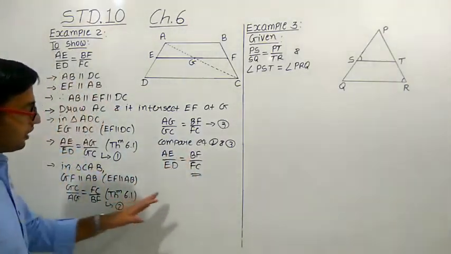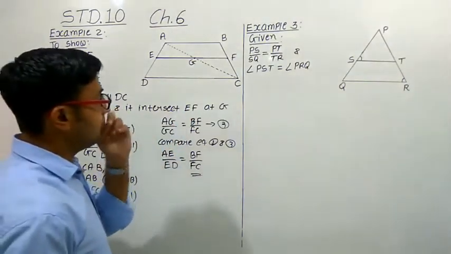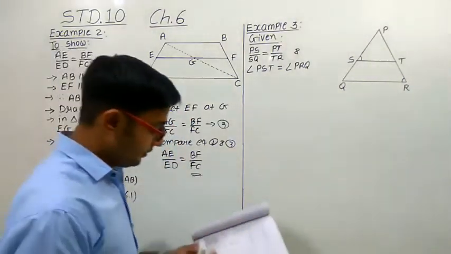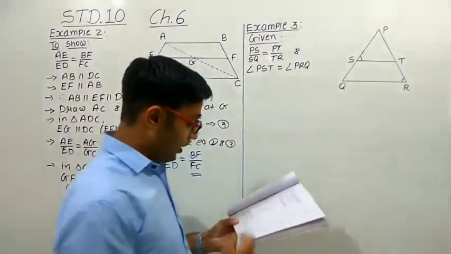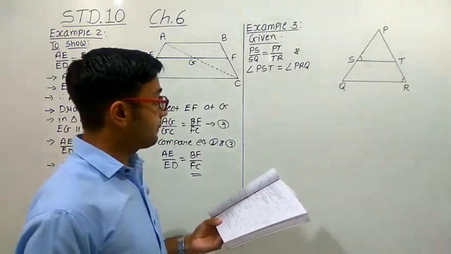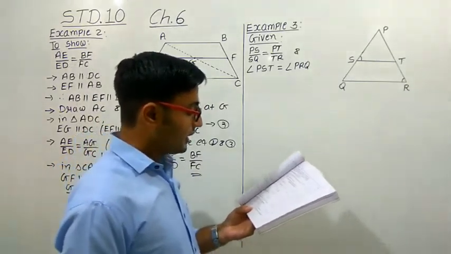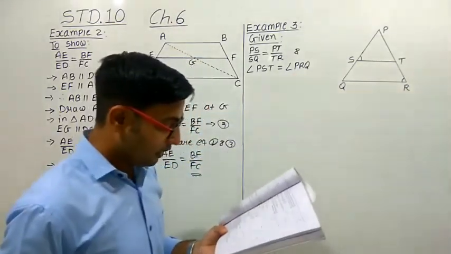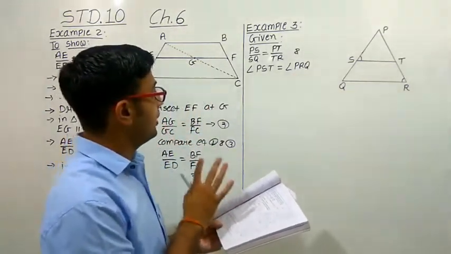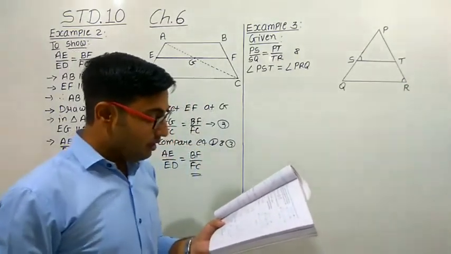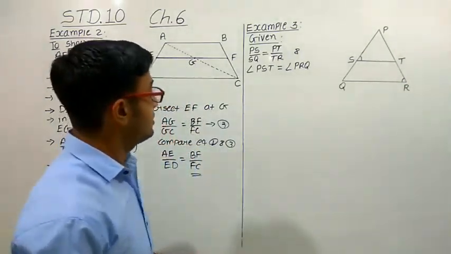Okay, now let us study example number 3. So what is the question? Question here is, in the given figure, PS upon SQ is equal to PT upon TR, right? And angle PST is equal to angle PRQ. That is whatever we have been given in the question. Prove that PQR is an isosceles triangle.